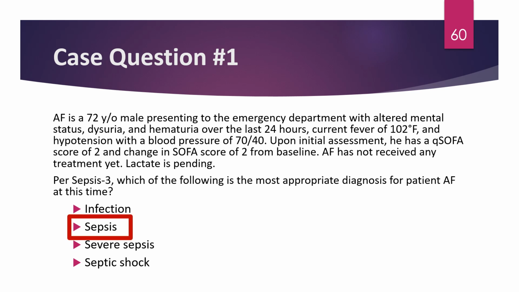We don't have any evidence yet that the patient has progressed. Remember, in Sepsis-3, severe sepsis is no longer a definition. We do have a change in SOFA score of 2, which means organ dysfunction. We don't have a lactate above 2 yet, and we don't have vasopressors on yet, so we cannot call it septic shock from Sepsis-3.